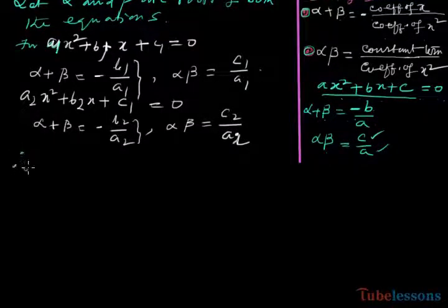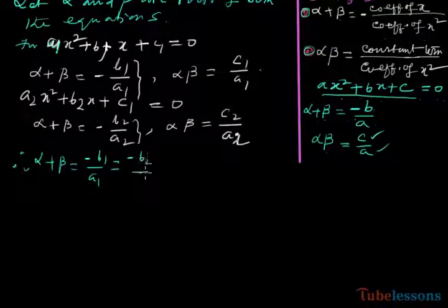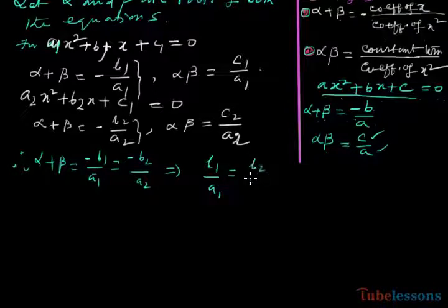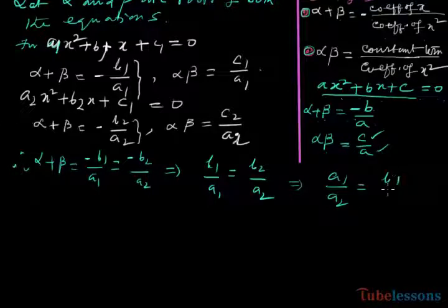So we can write alpha plus beta equals minus b1 by a1 equals minus b2 by a2. This implies b1 by a1 equals b2 by a2, so you can write a1 by a2 equals b1 by b2.